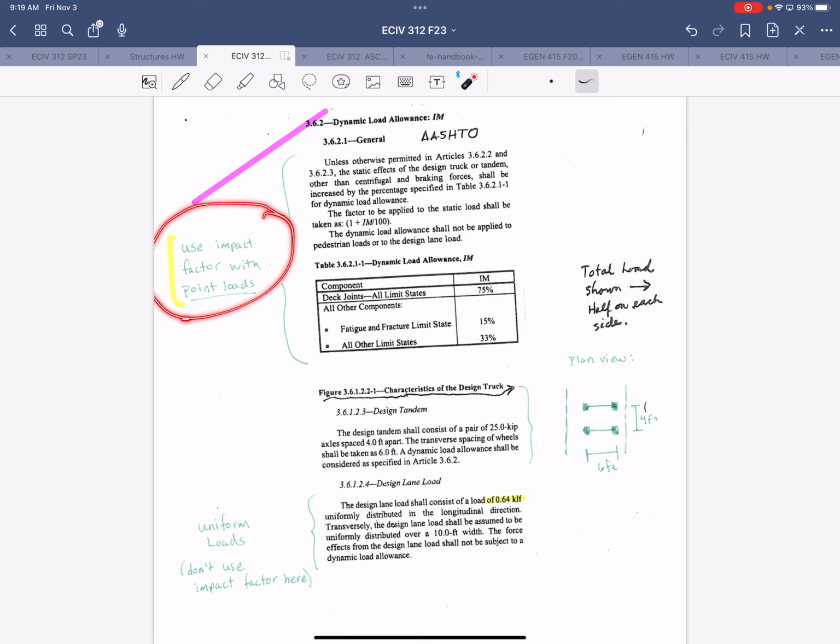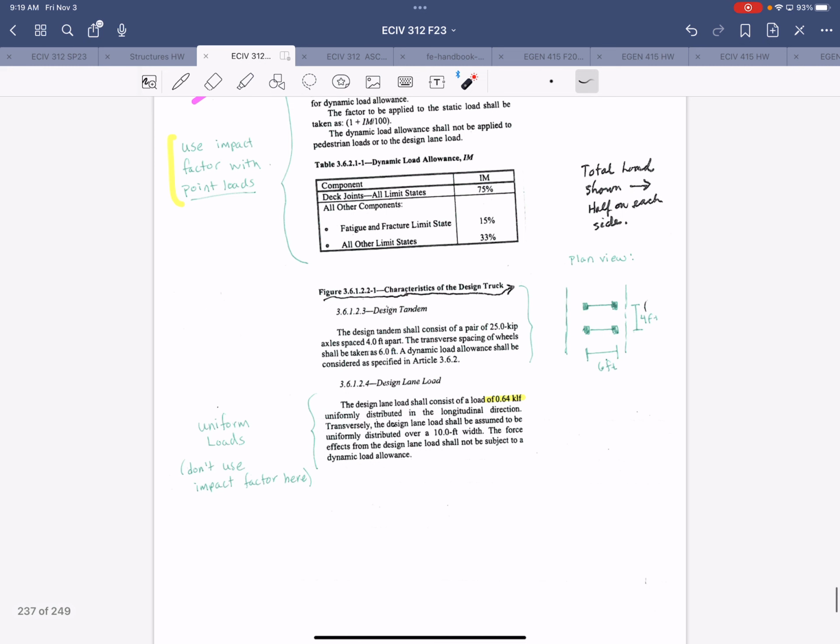And what I want to emphasize here is that you only use the impact factor with point loads. We do not apply it to uniform loads. Only for point loads. And here it defines the uniform load that would be used for design of a highway bridge, and also the point load configuration that would be used for design of a bridge.